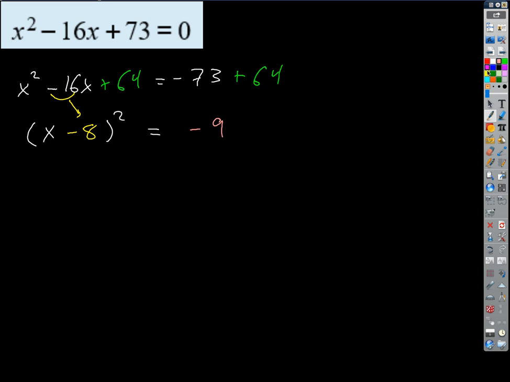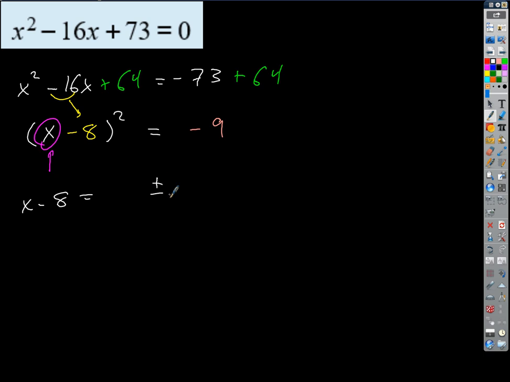Now we've got this in a form where I can simply isolate x. What are the two steps going to be, Robert? What am I going to do first? You're gonna square root. Good, then? And then you're gonna add 8, good. Okay, so we're going to end up then with x minus 8 equals, what happens when I square root this side? I got to get a plus or minus in there, right?